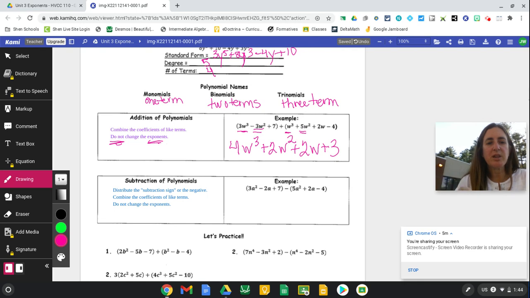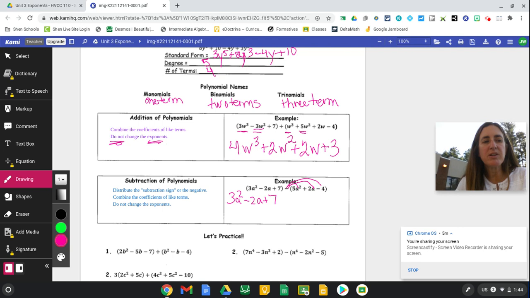Subtraction's a little bit trickier though. You have to remember to change the sign of the minus, or the subtraction sign, to a positive and distribute. It's basically like you're distributing a -1. So this negative has to get shared to each of these terms. The 3a squared minus 2a plus 7 stays the same.